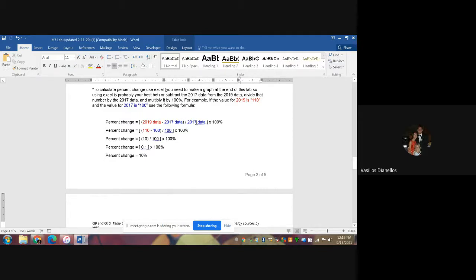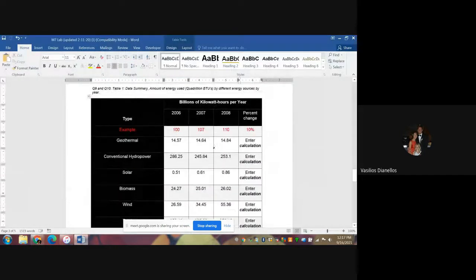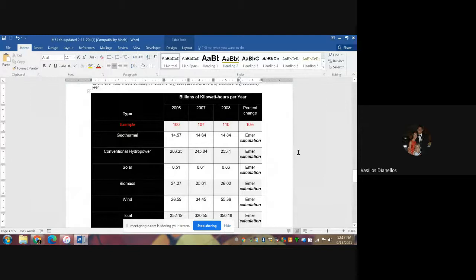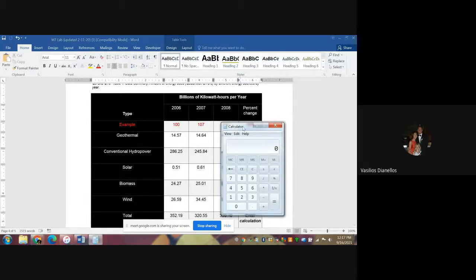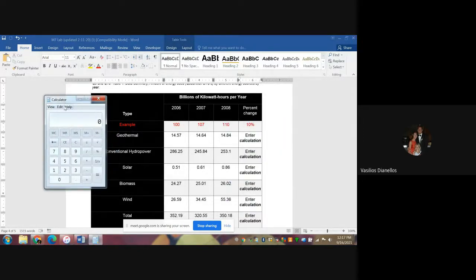That gives us the number, but then to make it a percentage, we move the decimal point twice, or in other words, we multiply it by 100. So let's look at this. Geothermal, we pop up the calculator here. If you're good with Excel, you can do this in Excel and have it done automatically for you. But anyway, we ended up with 14.84.